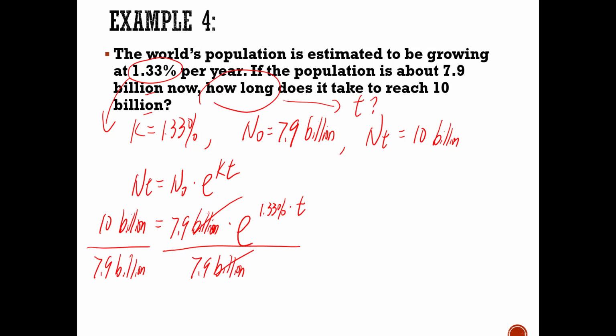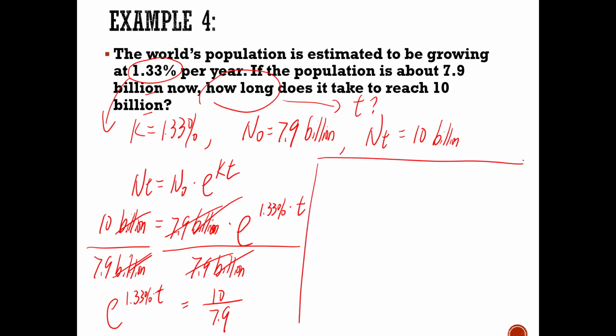If the two quantities are not given in the same unit, then you have to expand them into standard form. But in this case, they are. So we cancel this unit. On the right, we get e to the 1.33% t, and that is equal to 10 over 7.9.